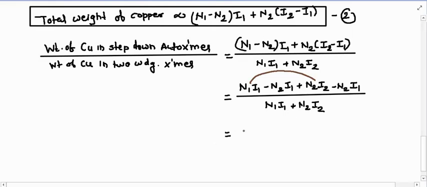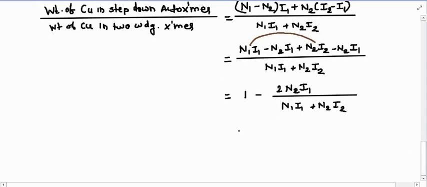So I can write this as 1 minus 2 N2 I1 divided by the denominator, which remains the same, N1 I1 plus N2 I2, right? So if I divide the numerator and denominator by N2 I1, what will I get? 1 minus.